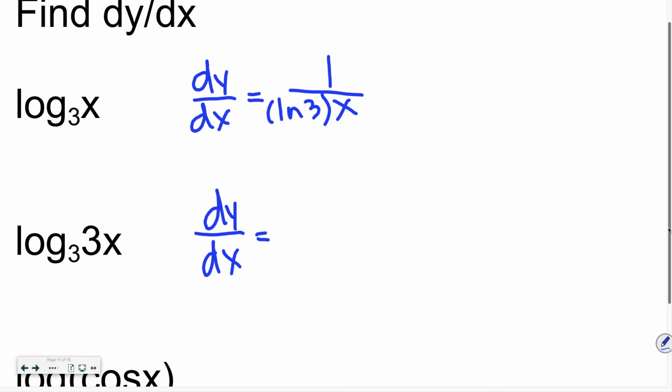The only thing that's going to change is we're going to do 1 over 3x times the natural log of the base. And since we have something other than x inside, we do have to multiply by the derivative of the inside. Which, yes, you could simplify, but I don't care if you do. Questions so far?